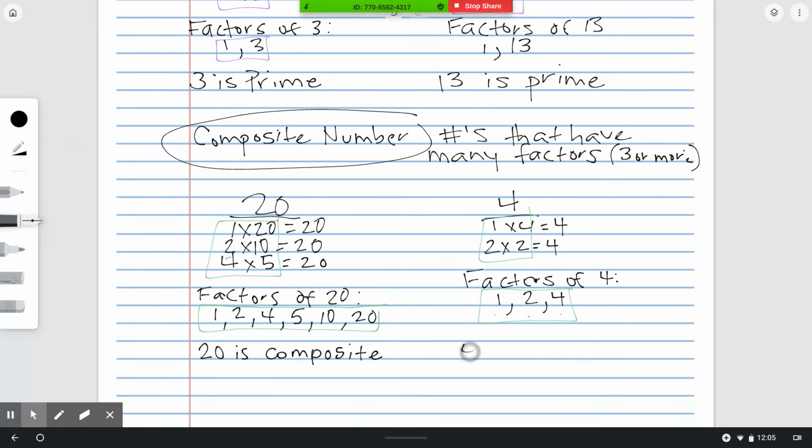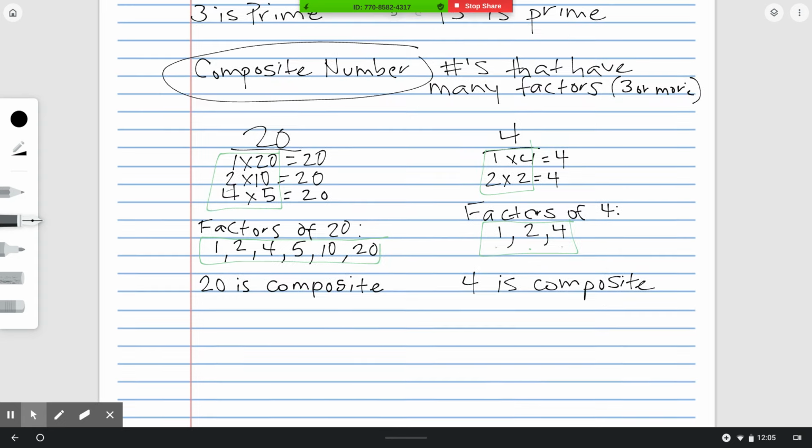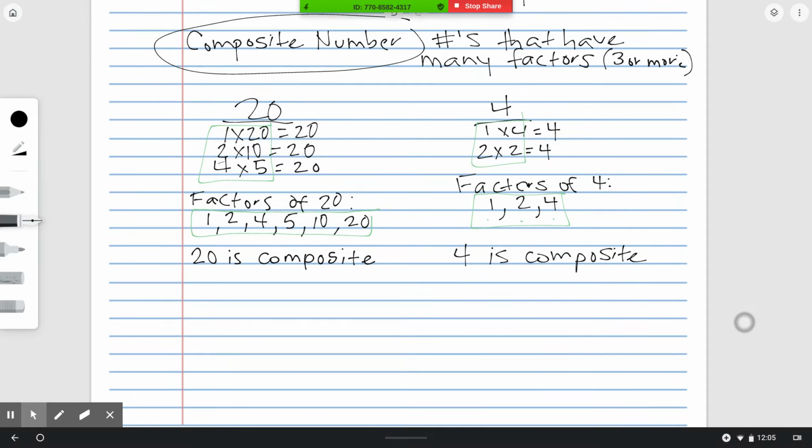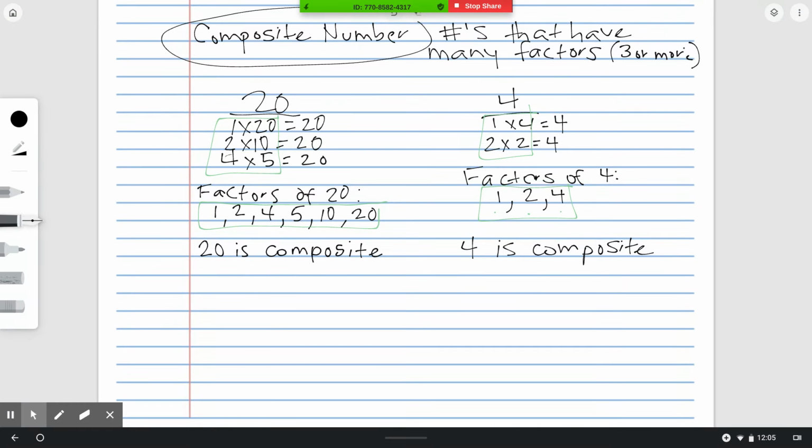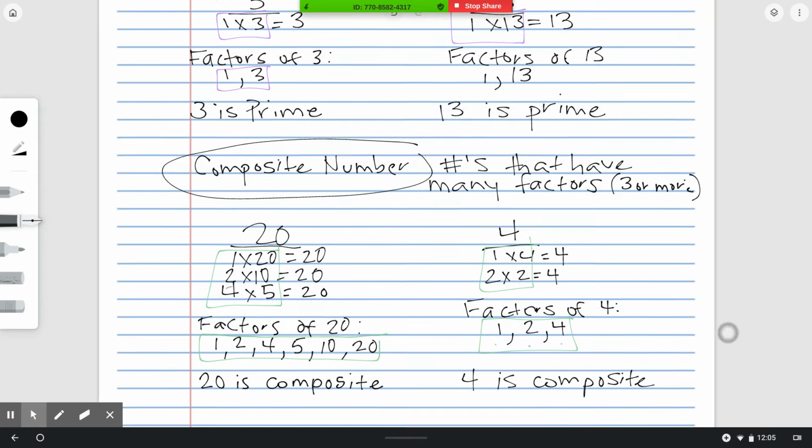If you got composite, go ahead and give yourself a pat on the back. Nice job. Very nice job.